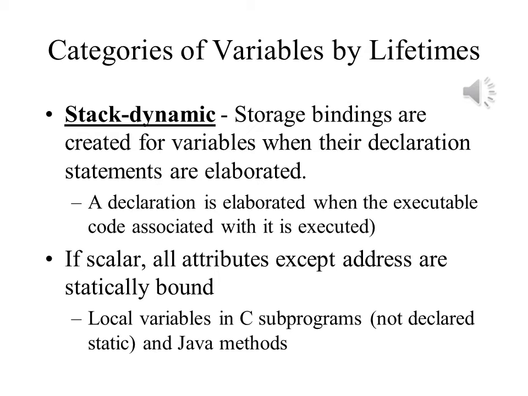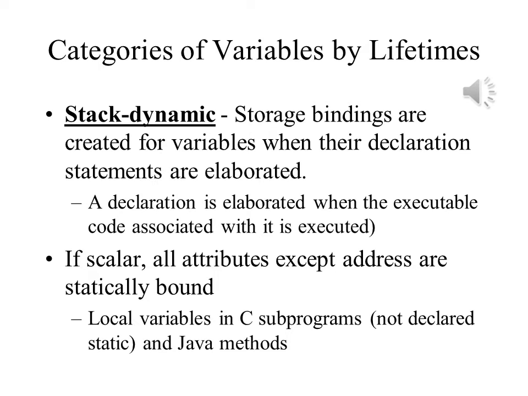Stack dynamic variables have their storage allocated when their definition statements are elaborated, which means that the storage is allocated when the computer is ready to execute the code of which the definition is a part. While this is most commonly done when transferring control to another procedure, it doesn't have to be that way.